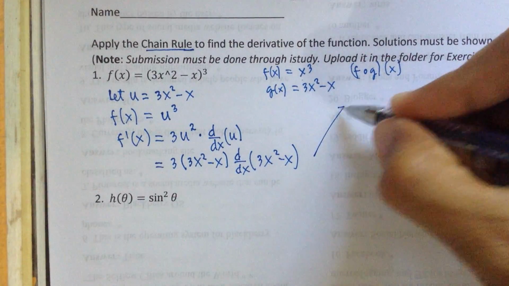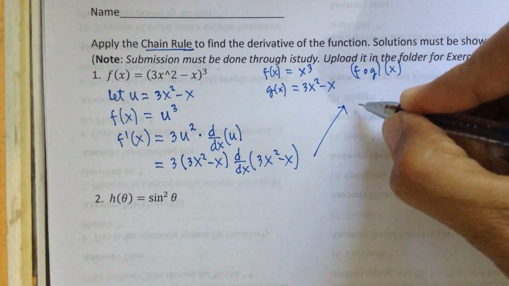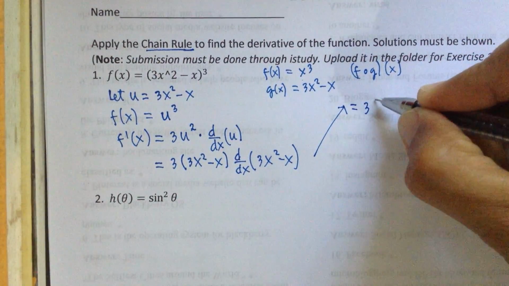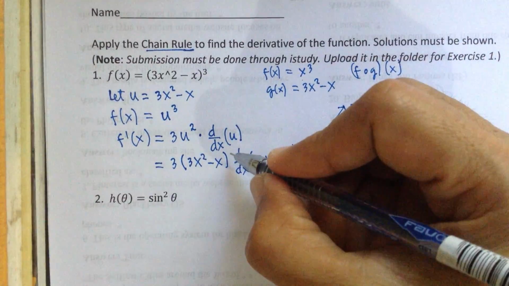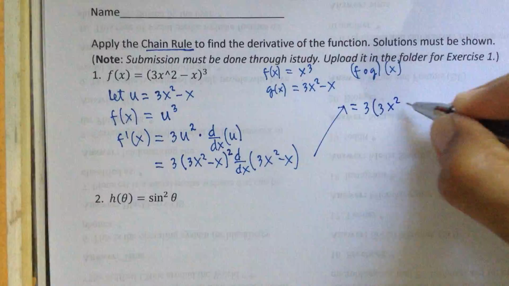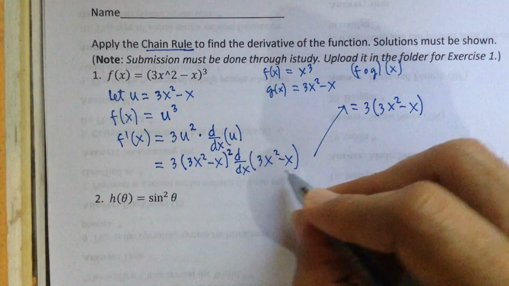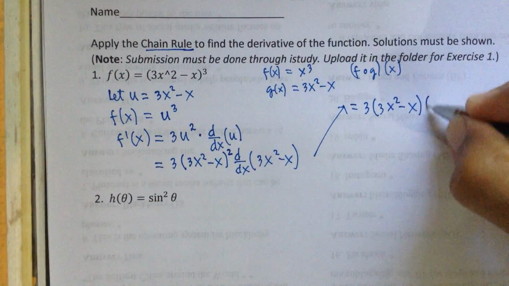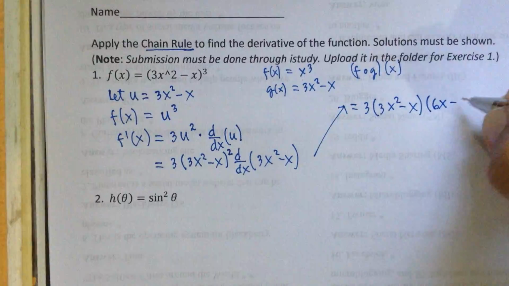So continuing here, we have 3 times, sorry, we forgot the square here. So 3x squared minus x, squared, times the derivative of this, which is 6x minus 1, right?